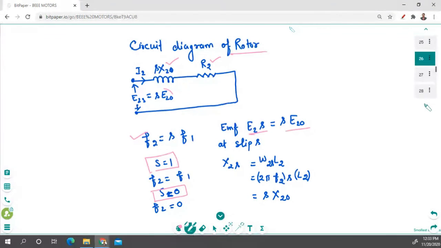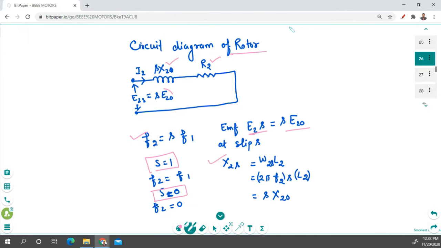Okay, so we know that frequency across this rotor is equal to S into F1. We have derived this expression previously, and when this slip is equal to 1, both frequencies, stator plus rotor, will be equal. When this slip is equal to 0, then frequency F2, the rotor frequency, is equal to 0.